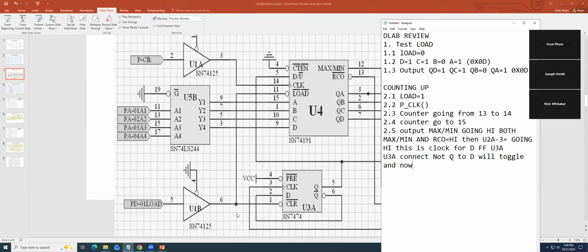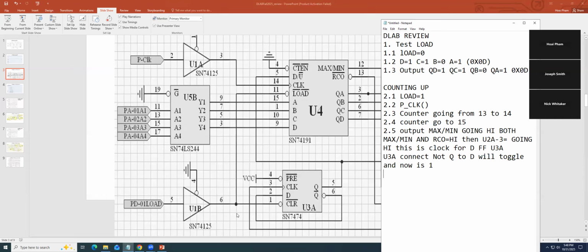And now, hey, what? Because Q was 0, not Q is 1. Yeah.